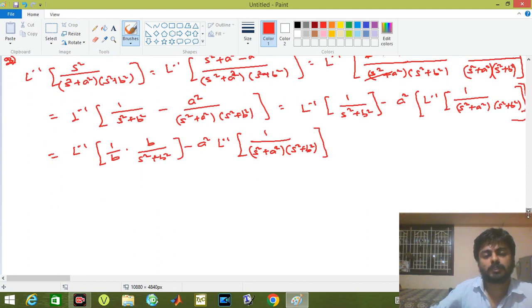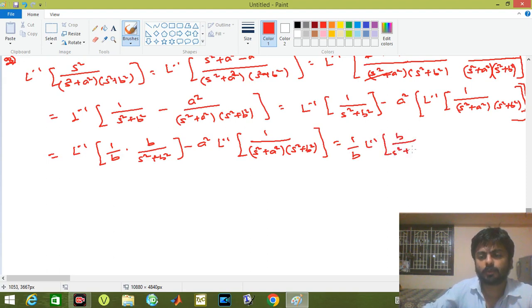This can be written as 1 by b L inverse of b divided by a square plus b square minus a square L inverse of 1 divided by a square plus a square into a square plus b square.